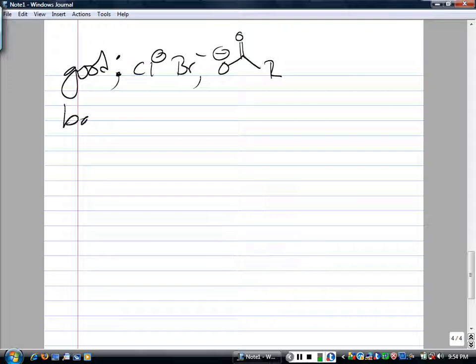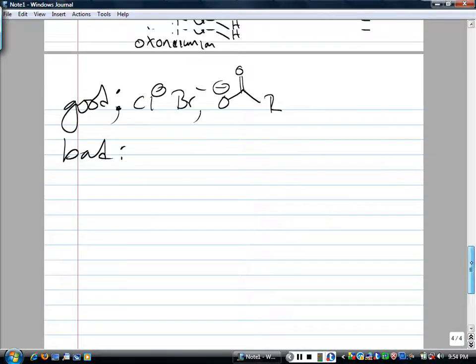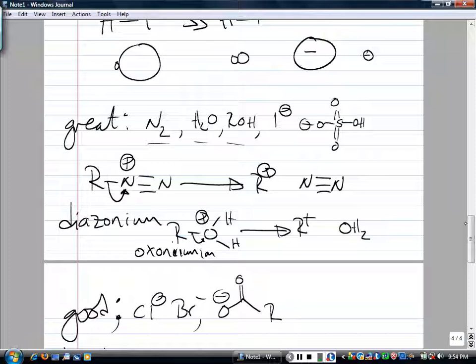What about bad leaving groups? Well, bad leaving groups are going to be species that generally are strong bases. Because if you think it through, if I go back up to the top of the page, to what we looked at earlier, iodide is a fantastic leaving group. HI is a very strong acid. Bisulfate is a fantastic leaving group.